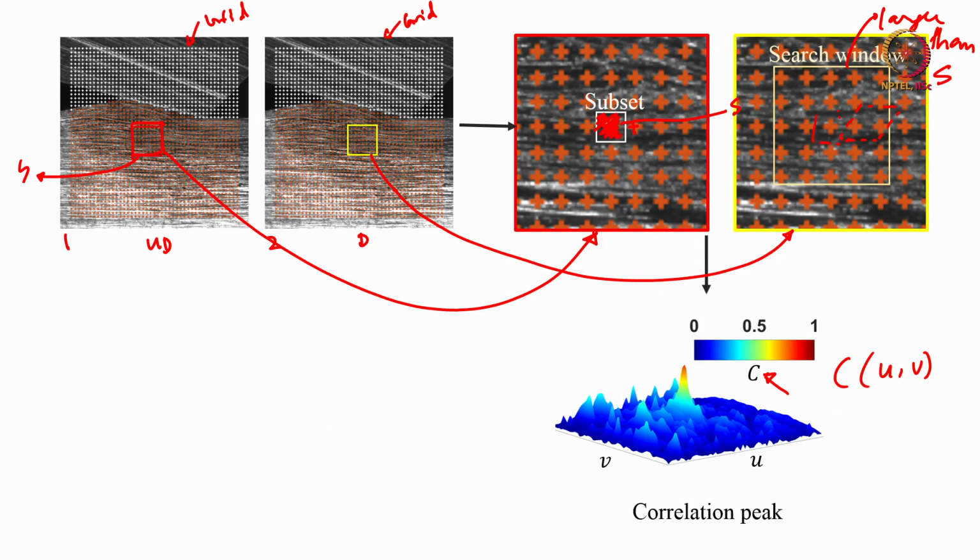If you do that, basically you have a set of values of u and v which you are going to search for. You take any particular value, let us say you take a point here, evaluate C. Okay. So, what you are doing now is you are taking the subset, translating it to some other location and looking at the overlap. So, is the destination image below the translated subset matching up well with the original subset, is the question, right.